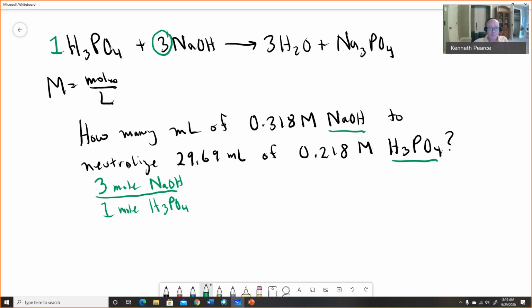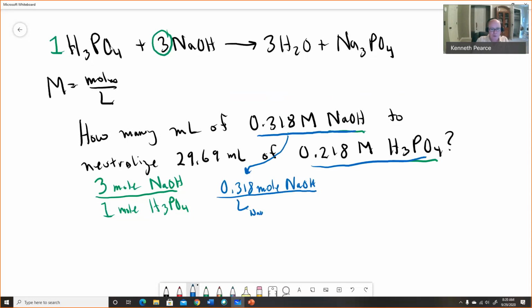Okay. Now, the next step to doing these is go ahead and take anywhere where you see molarity, let me change colors here, and just go ahead and copy it down as moles per liter. This allows you to write it as a conversion. So I'm going to write the sodium hydroxide down as 0.318 mole sodium hydroxide for every liter of sodium hydroxide solution.